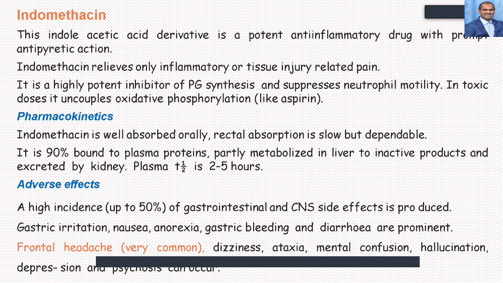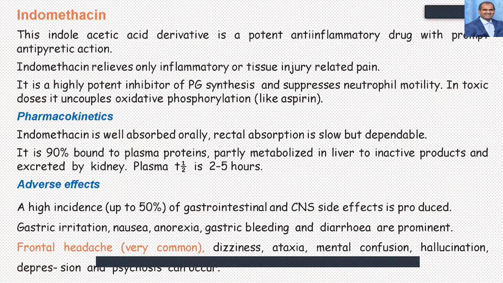It is a highly potent inhibitor of prostaglandin synthesis and suppresses neutrophil motility also. And in case of toxic doses, it uncouples oxidative phosphorylation, just like aspirin. It's also going to cause toxicity. And the pharmacokinetic property of indomethacin is, it is very well absorbed orally, and rectal absorption is also there, but it is slow but dependable.